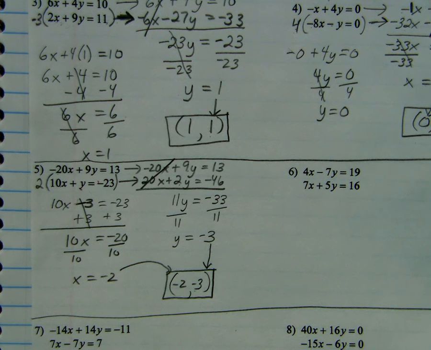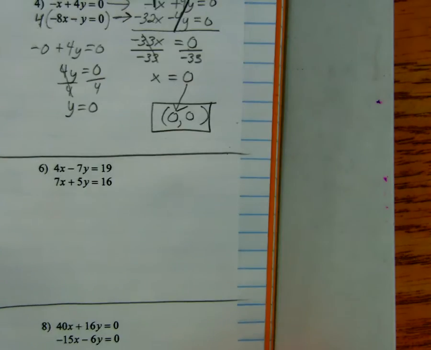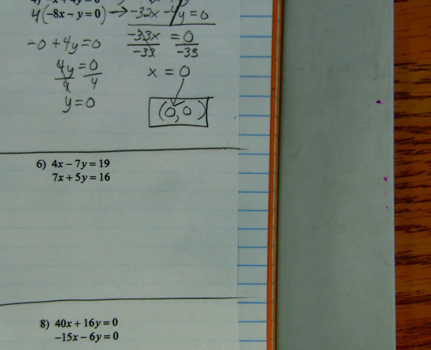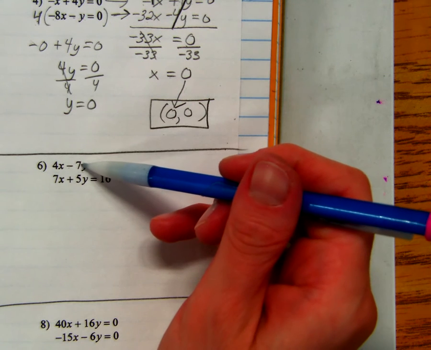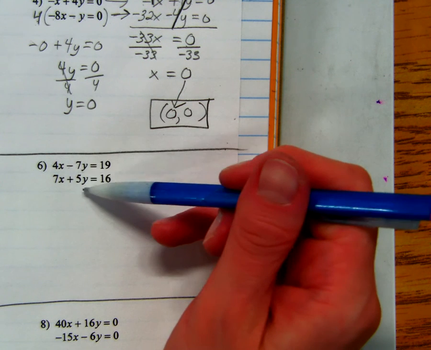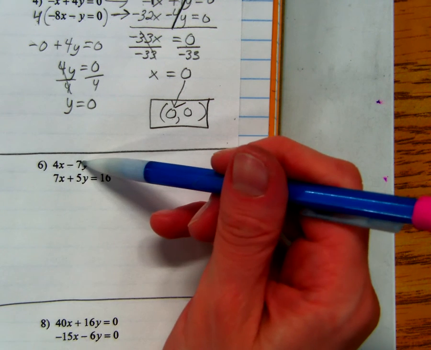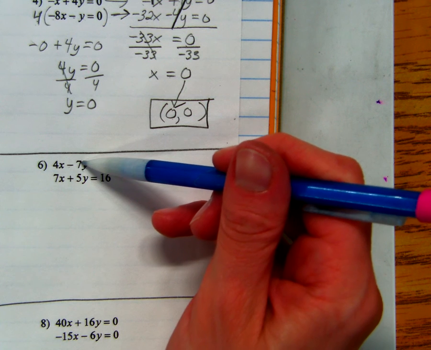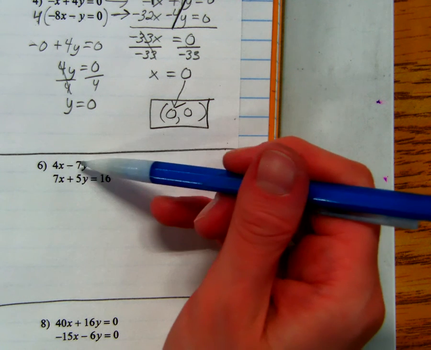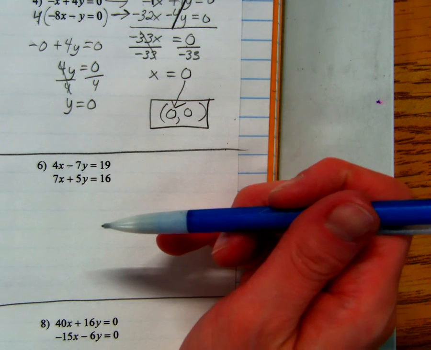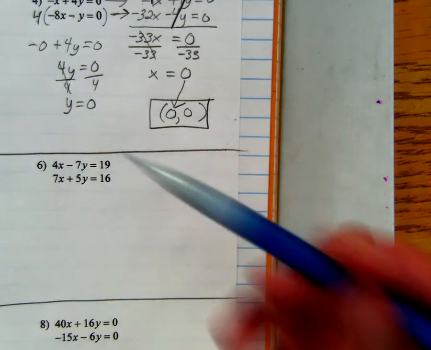Okay. So here's where it's going to get slightly more interesting. On number 6, do we want to kill the x's or the y's? Kill the y's this time. Now, I can't just take 7 times something to get 5 or 5 times something to get 7, not if we're working with whole numbers. So what we're going to use is a common multiple. 7 times 5 is 35.